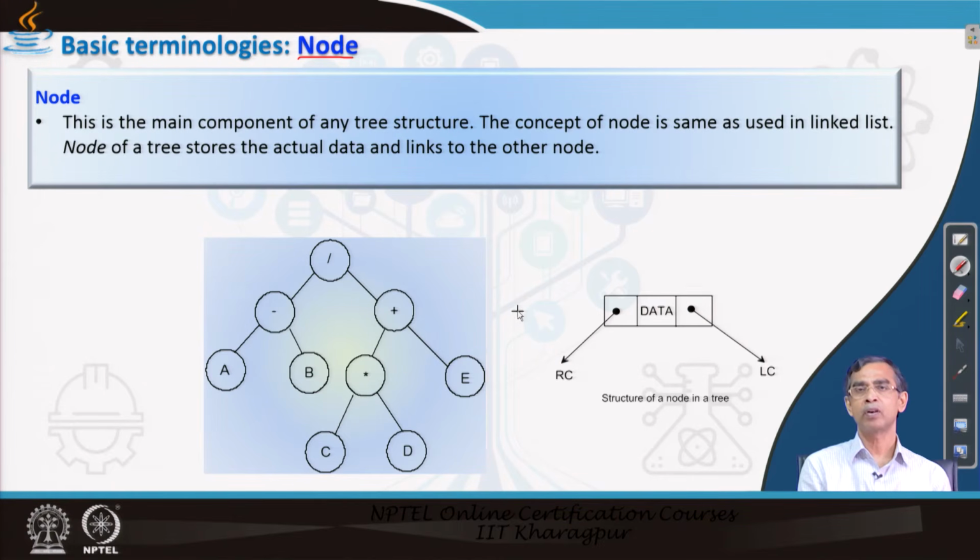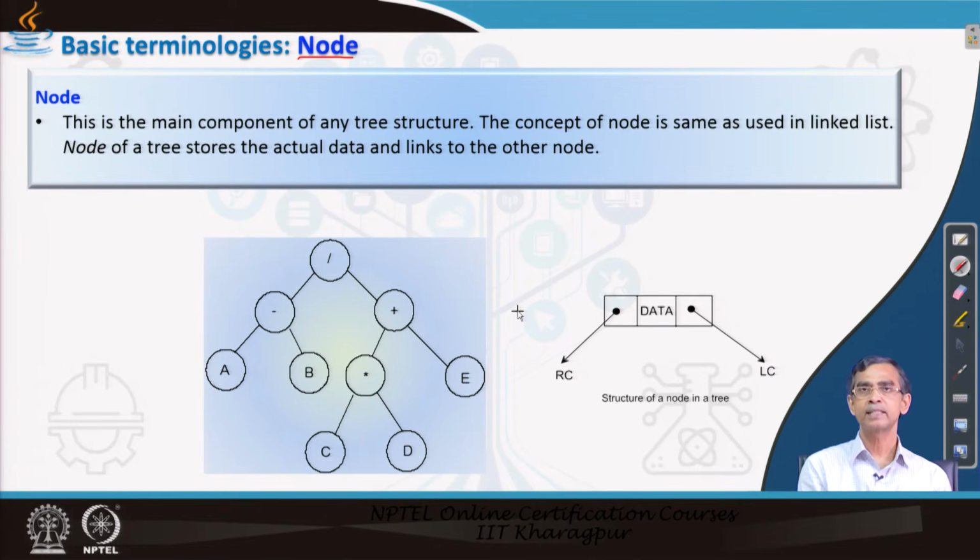Again, you can recall for a single linked list, a node is characterized with 2 information, data and link. In case of a double linked list, it is characterized with 3 information, data, right link, left link. In case of a tree, just like a double linked list, it is characterized with 3 information.